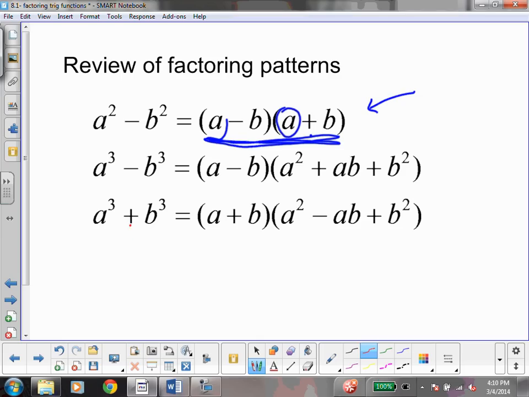Remember, your sum and difference of cube factoring patterns are basically the same factoring pattern. You just have to remember how the positives and negatives relate. To get to these numbers, you first have to cube root a cubed and b cubed to get a and b. Remember, these signs are always the same. These signs here are always opposite.